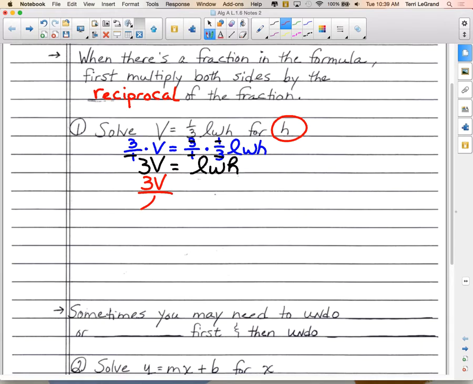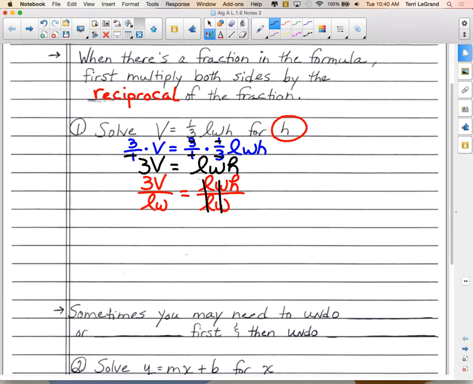So we'll divide both sides by LW, considering that it's the H we want alone. So that's how we made the decision. H is being multiplied by LW. So we need to undo that. And we accomplished what we needed to. The L's cancel, the W's cancel.